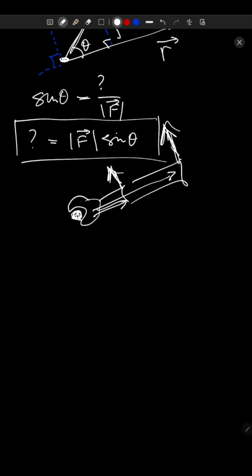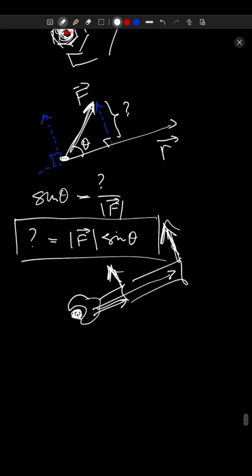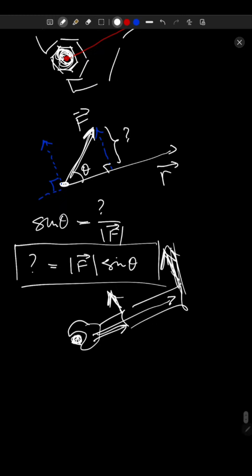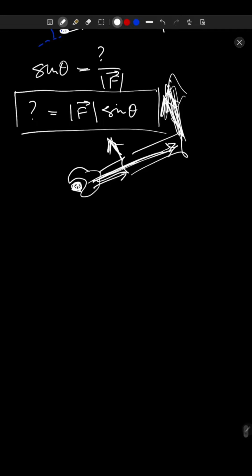So not only does the force matter, just in practice, we know this. Not only does the force that we're using matter, or the part of the force perpendicular to this direction r here, but also how far we are. So we have this concept of torque, which measures kind of how much rotational force is being applied to the nut.